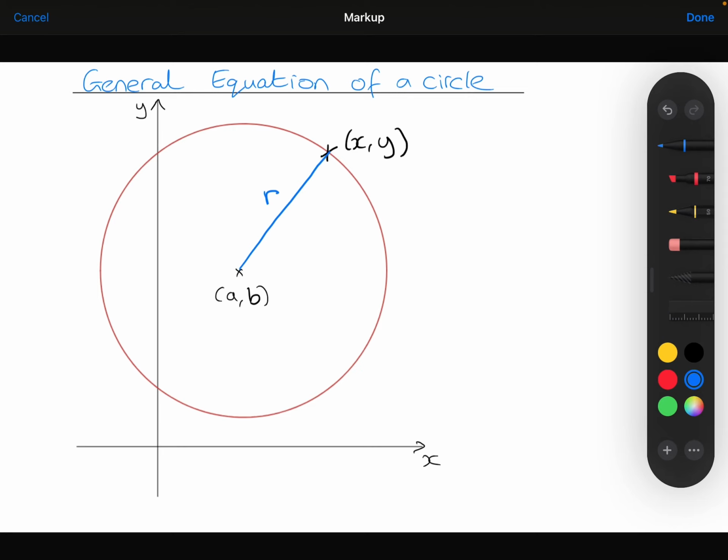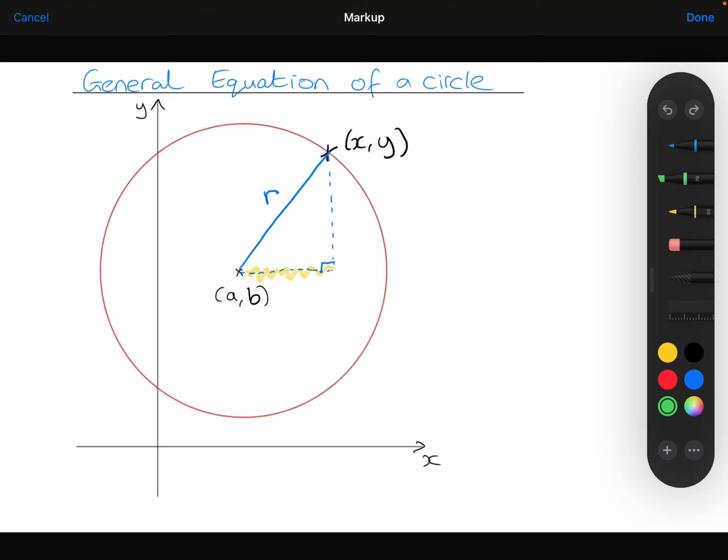And I could work out that radius by doing a little bit of Pythagoras. So if I can work out this length here and this length here, then I could square them both, add them together, and that would give me the radius squared.